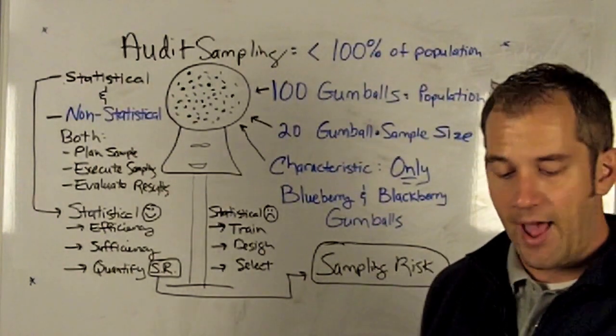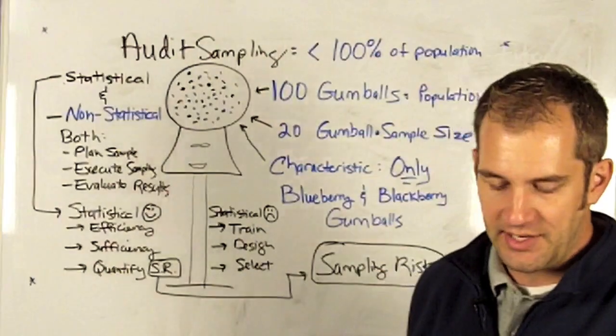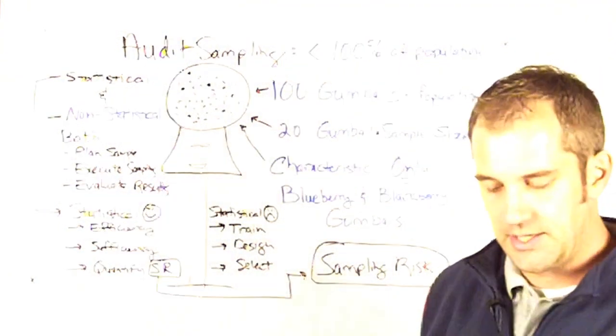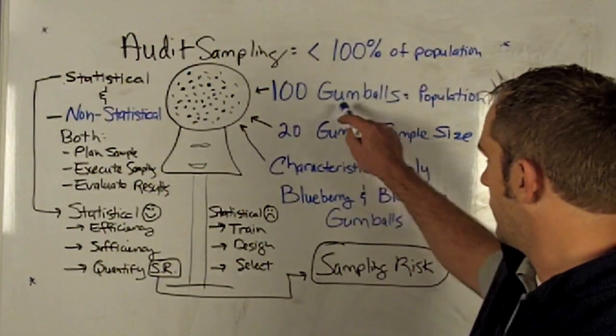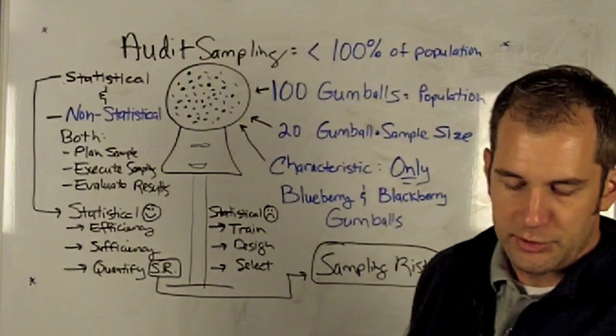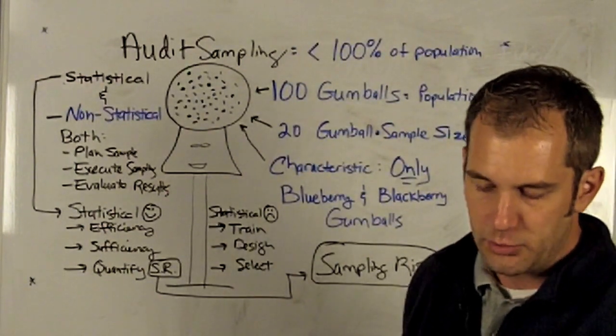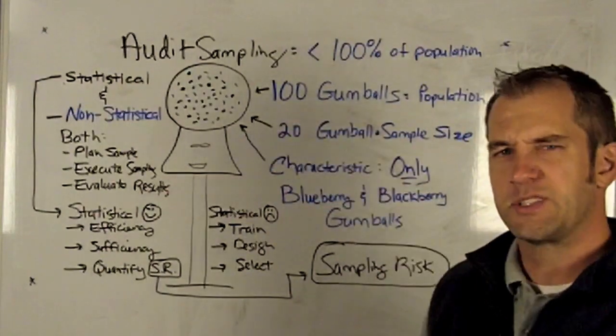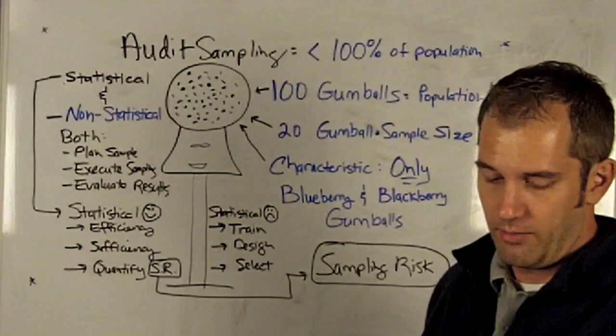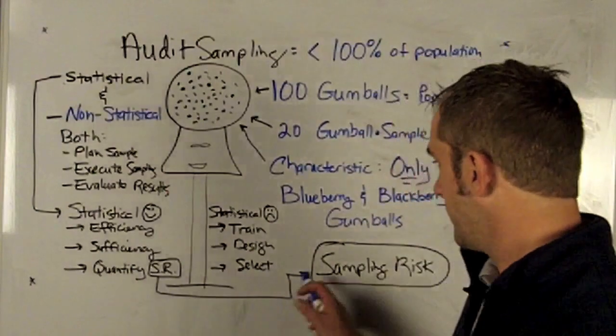Which of the following is an element of sampling risk? Choosing an audit procedure that is inconsistent with the audit objective. Now remember, we're talking about sampling risk, which has to do with our sample size in regards to the population. Choosing a sample size that is too small to achieve the sampling objective, that's the answer. If let's say there's 100 gumballs and we only choose 1, well, that's an element of sampling risk.